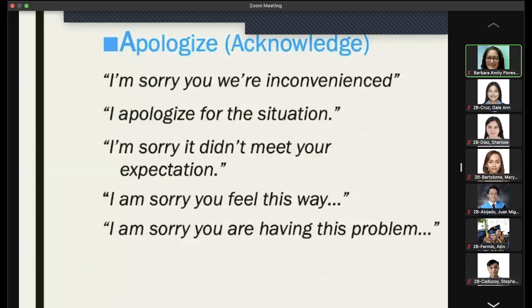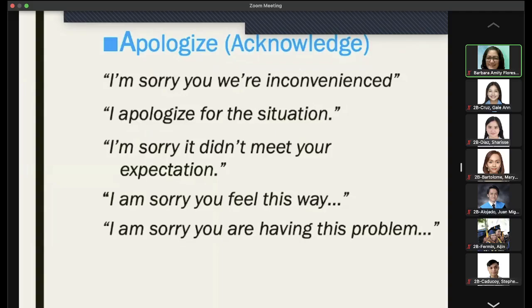So once you've empathized, the next step is to either apologize or acknowledge. If your staff or you had something to do with the difficult encounter, then you apologize for what happened.